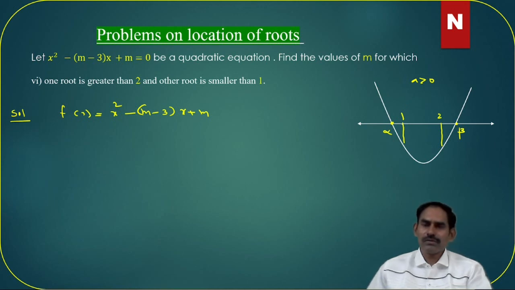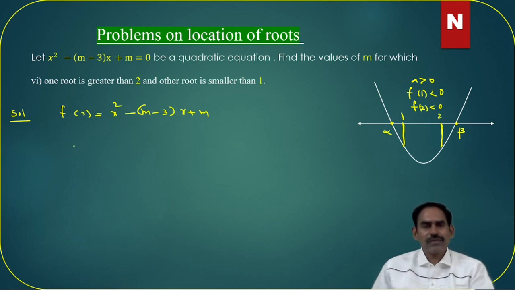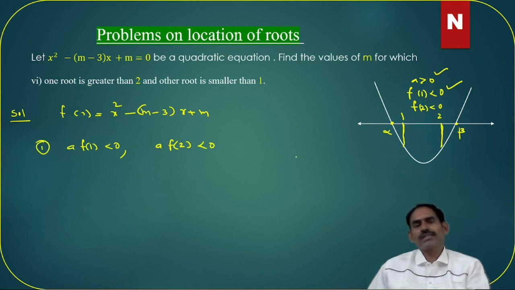Now what about f of 1? Here, this line meets the graph below the x-axis, which means the f of 1 value is negative. Similarly, f of 2 is also negative. Therefore, the conditions are a into f of 1 negative, because a is positive, f of 1 is negative. Similarly, a into f of 2 also positive into negative, negative. This is the condition 1. One condition is enough.